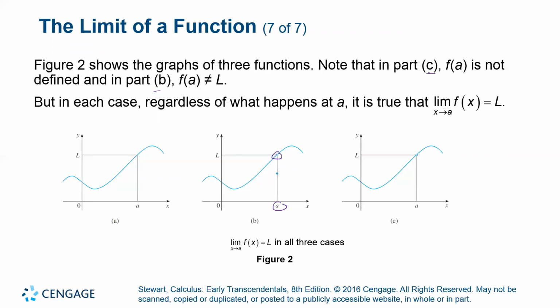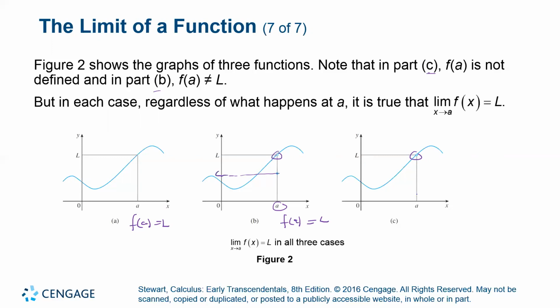On the graph, there's a hole there. And here too there's a hole. But here, f of a is equal to L. Over here, f of a is not L. It is some value, this value right here. So you can call it c or something.